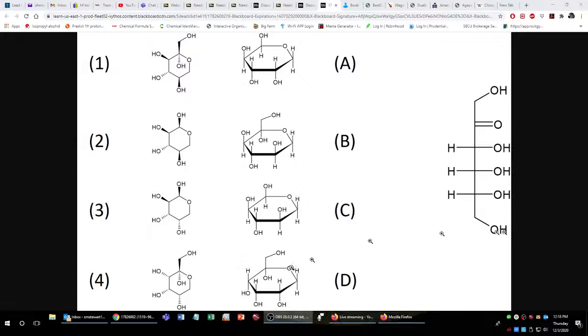Because this oxygen here, that's this oxygen attacking on the bottom right, it can attack from above the ring or below the ring, and in doing so, it'll drive the carbonyl oxygen either up or down. So there's actually two possibilities here, the alpha and the beta forms. And I think this is the alpha form that's drawn here. But yeah, you could definitely have a situation where the OH group goes on top.